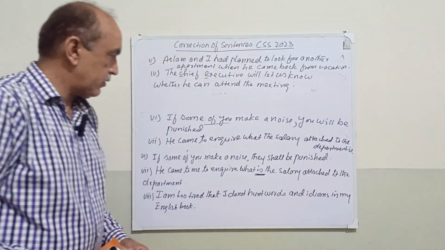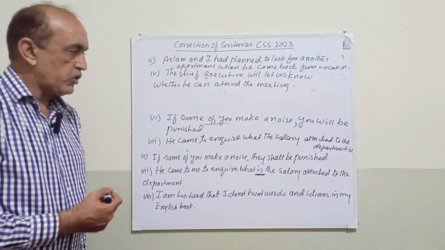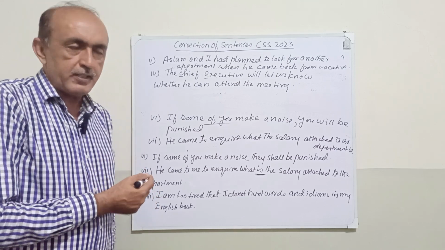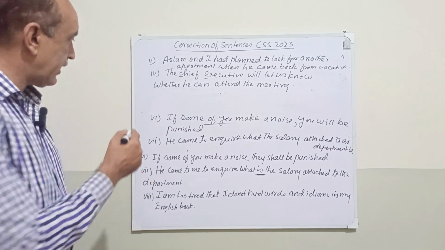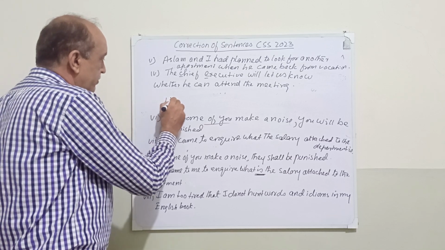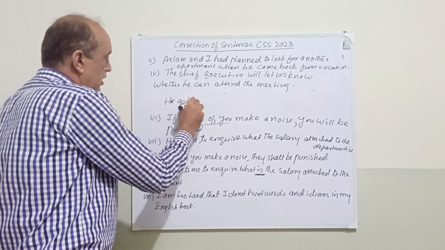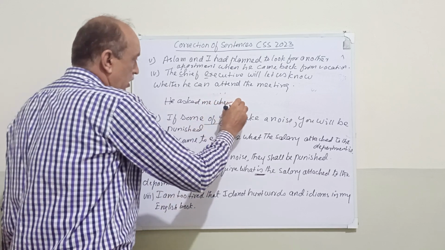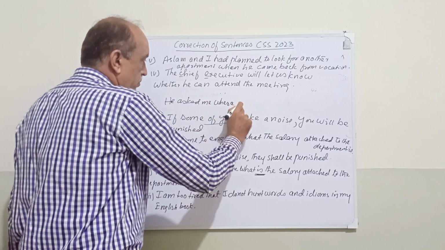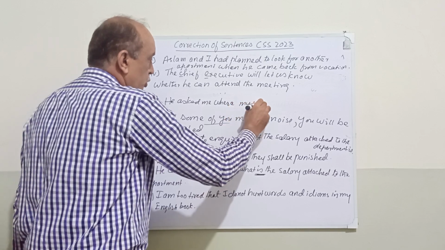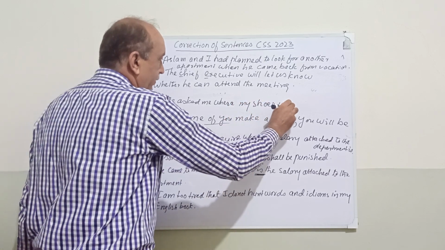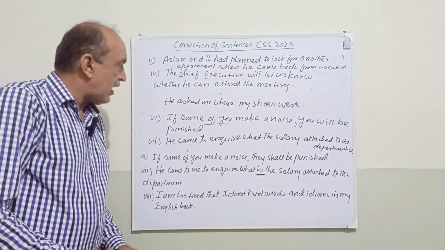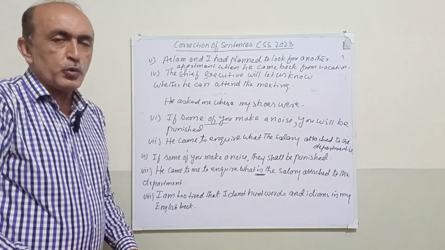As we know, when we change a sentence from direct into indirect speech, just like this, he asked me where my shoes were.